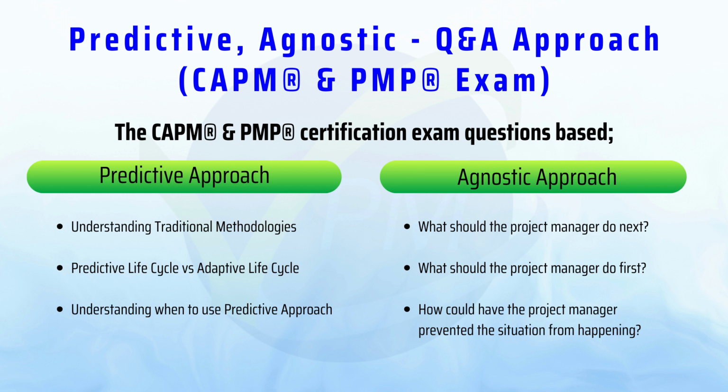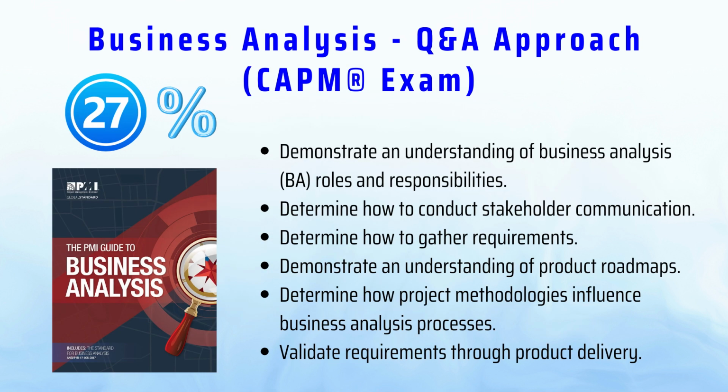Questions like, what should the project manager do next? What should the project manager do first? How could the project manager prevent the situation from happening? All of these things are quite important, and therefore you do need to understand the approaches and the processes, as well as which process is first, which is next, things like that.